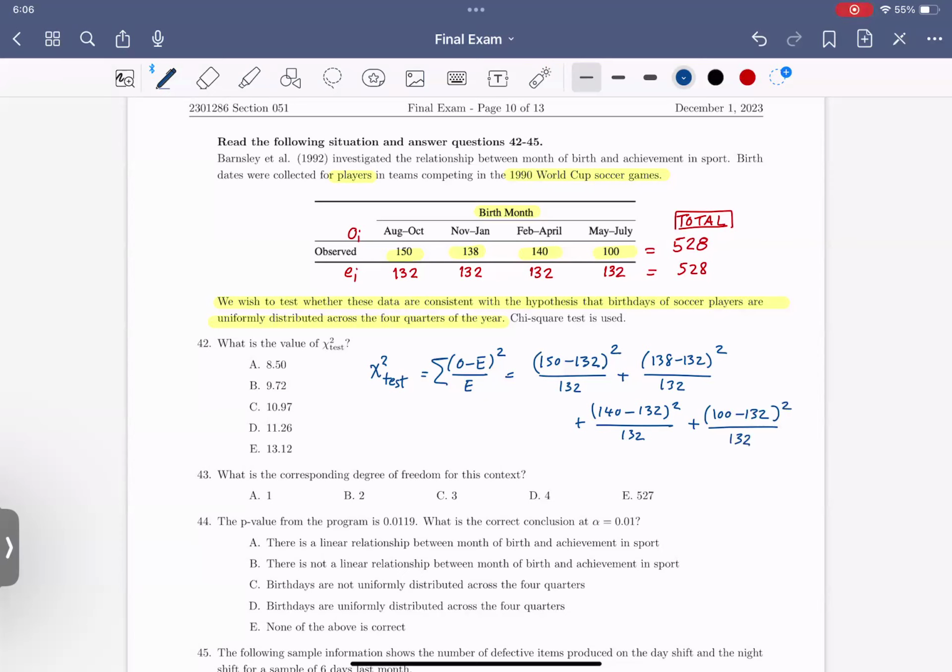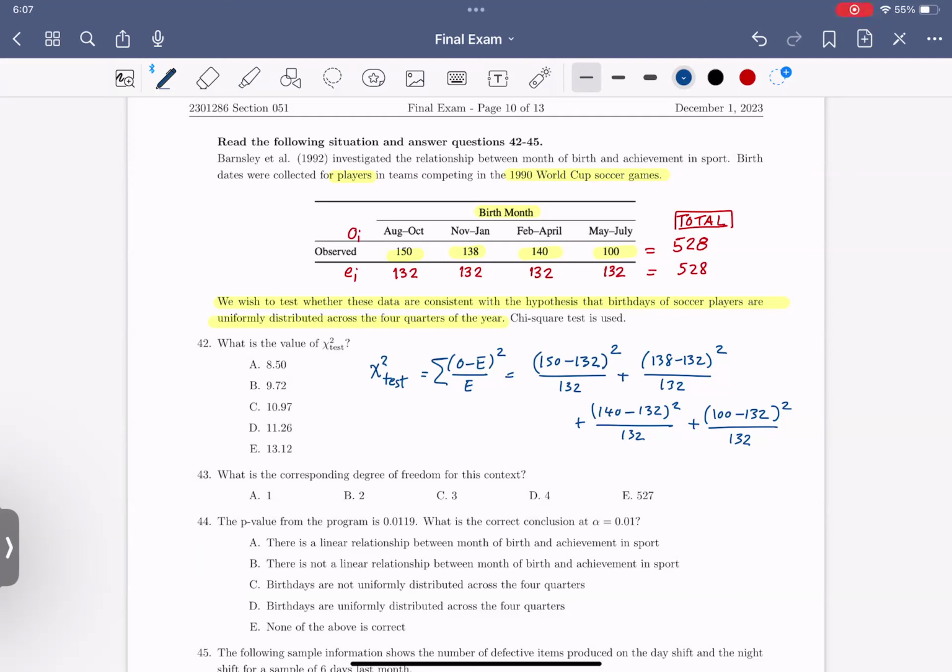All right, I'm going to put it in the calculator pretty quick. So 150 minus 132, squared, plus 138 minus 132, which is 6, squared, and then add 8 squared, which is 64, and then minus 32 squared.